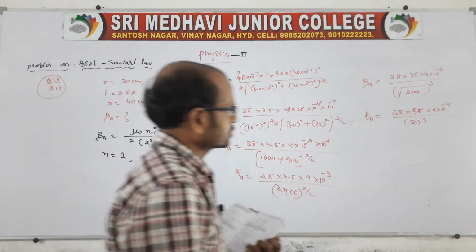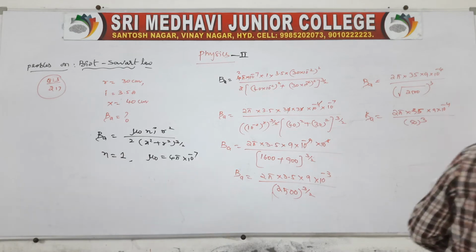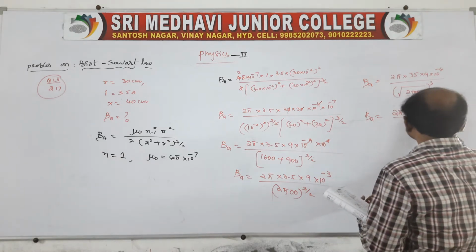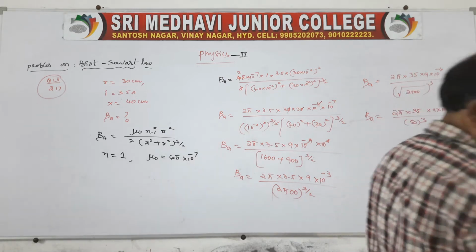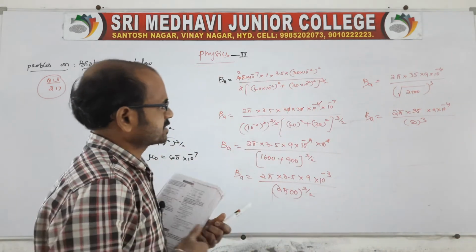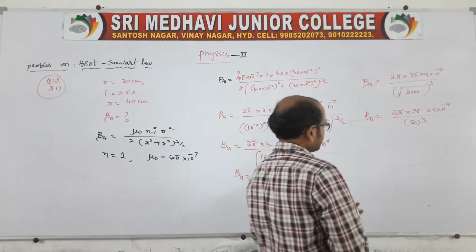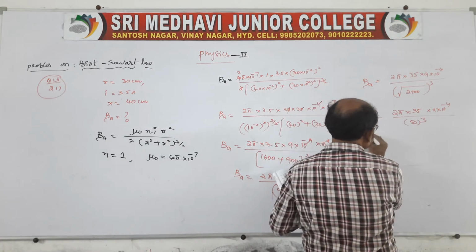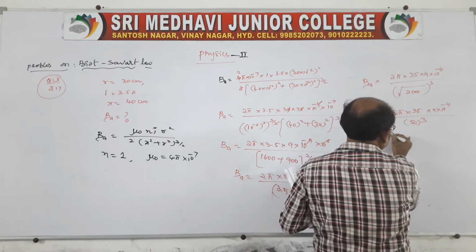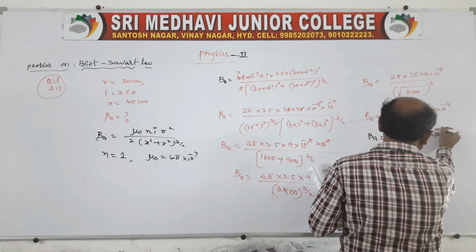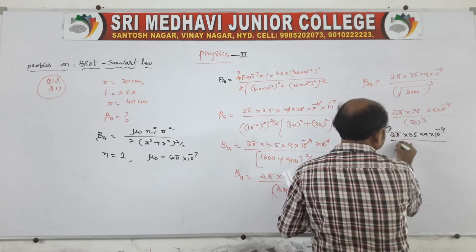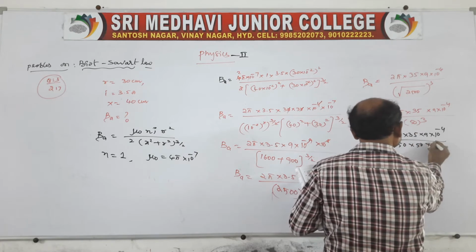Clear now? So this is the way we can obtain it for all categories, like BiPC, like MPC. Then B axial is equal to 2 pi into 3.5 into 9 into 10 power minus 4 by 50 cube. You write it as 50, 50, 50.